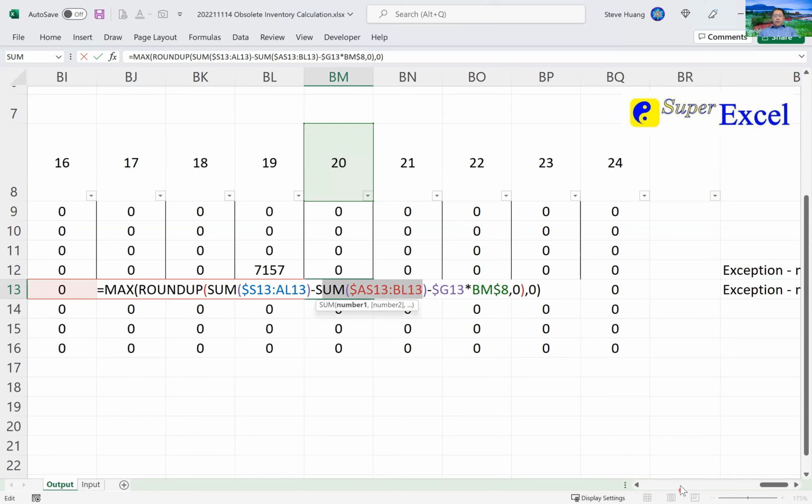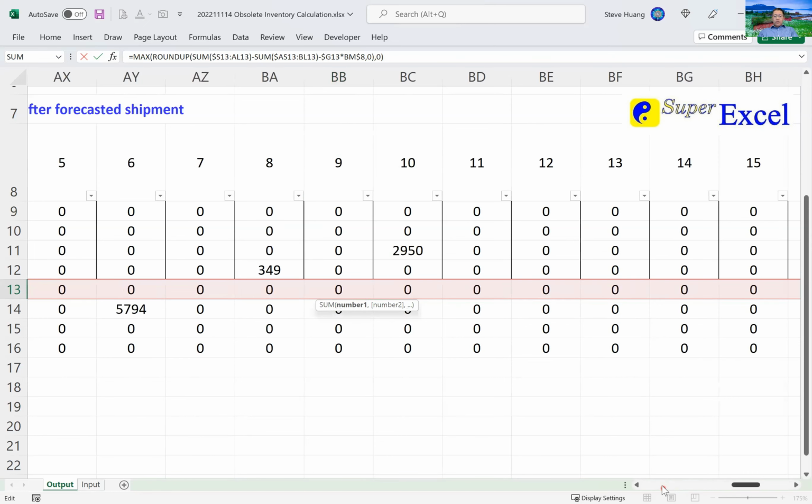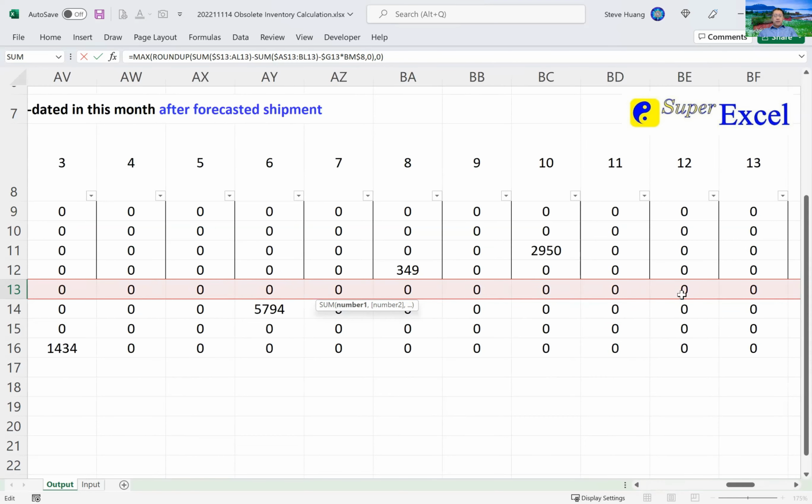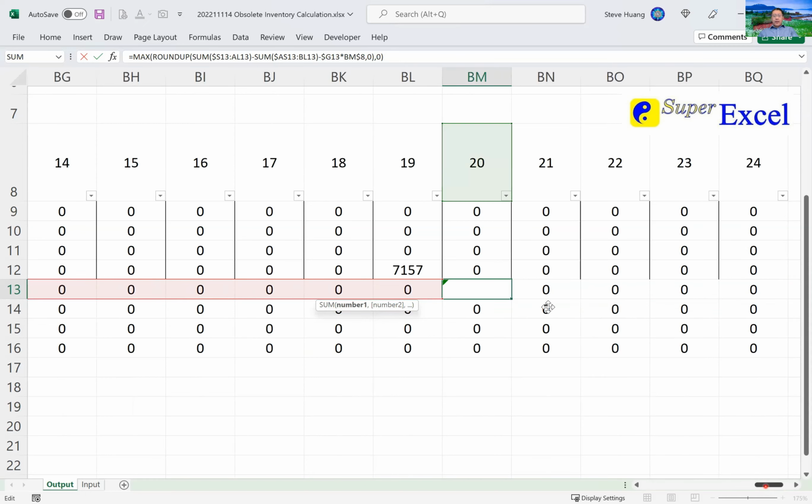Since in this case we used up all that inventory, we don't really have anything in month 12 to be short dated, so we're not subtracting anything. We use that total inventory amount compared to how much we're going to ship. So that will tell you if we have anything left over. In this case, we do. We'll have 3,909 units left over, which will be short dated. So you see, regardless of whether that first month inventory is too much or too little, this formula does cover both.